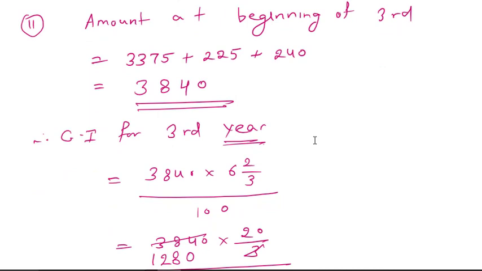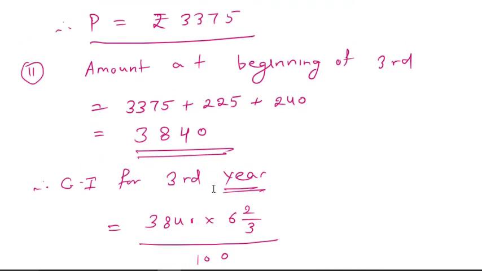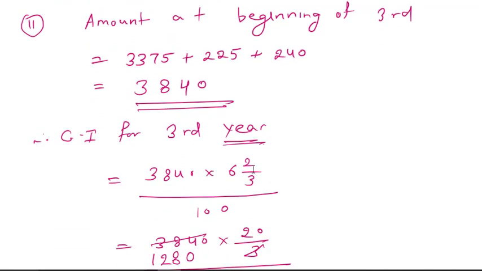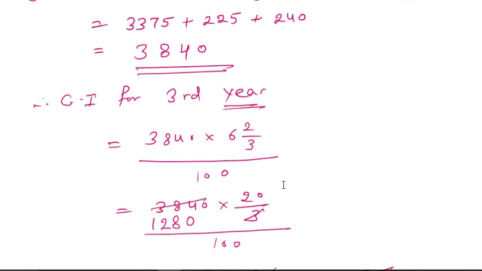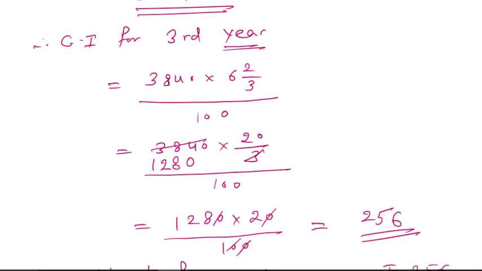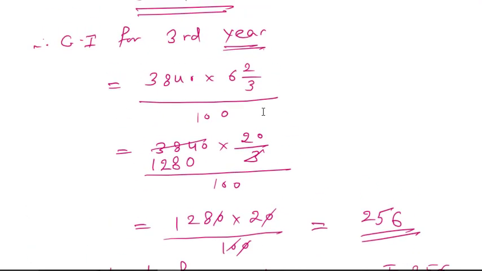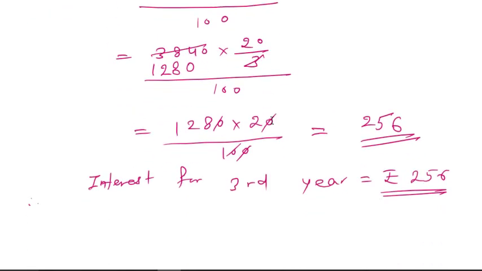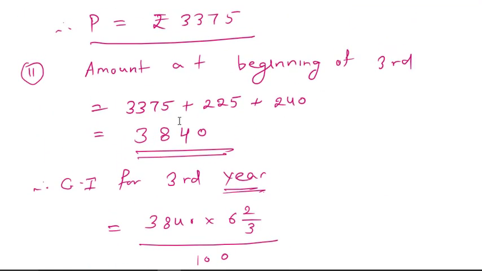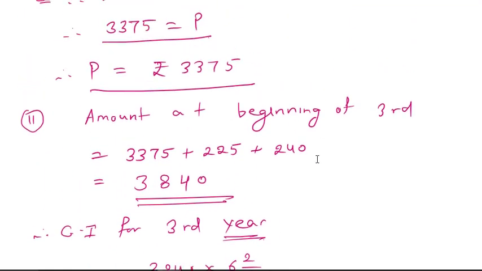So compound interest for third year will be, taking this amount as principal, rate 20 upon 3, and period will be 1 year because I am calculating from the beginning of third year. So this gives me 256. And if I want to find total compound interest for 3 years, I will add this 256, this 240 and 225.